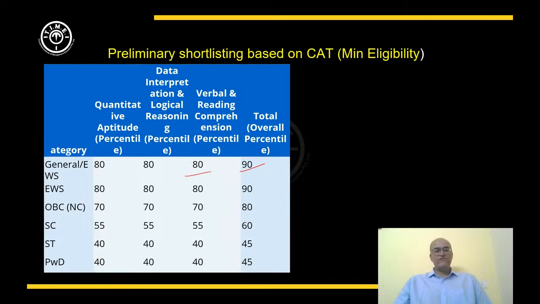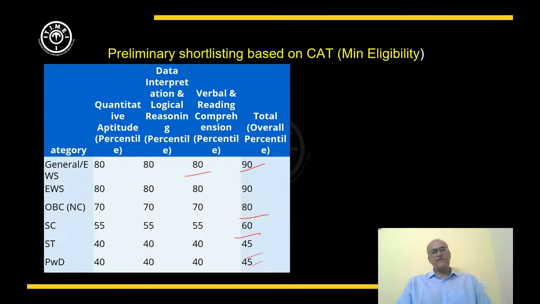For NCOBC, 80 overall, 70 in every section. SC 60 overall and 55 in every section. Differently abled and ST 45 overall and 40 in every section. Once you clear this, that's when you will move ahead and undergo the process of getting shortlisted for interviews.